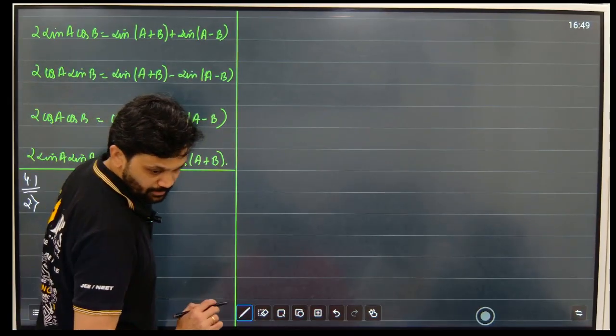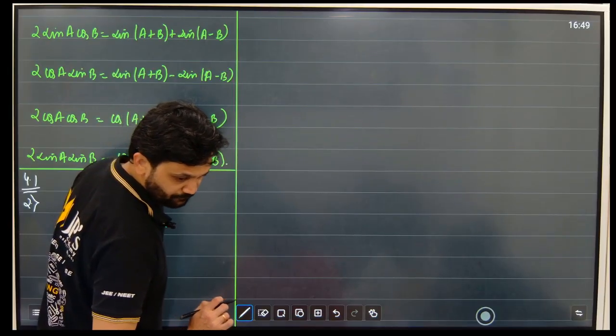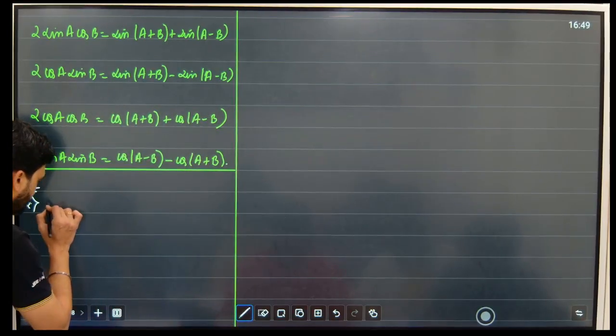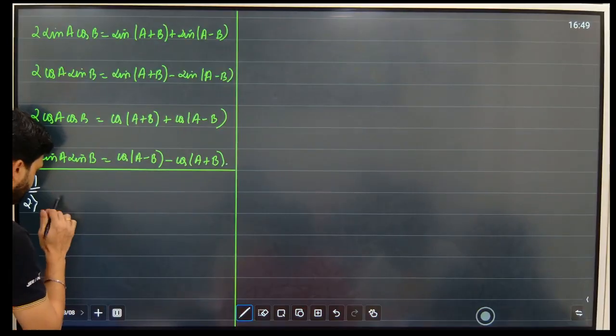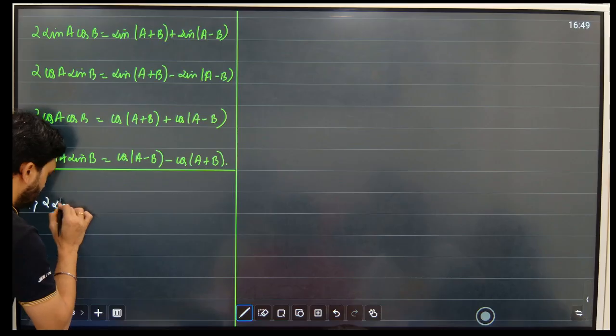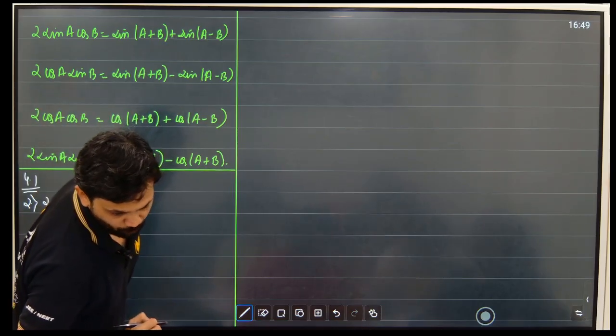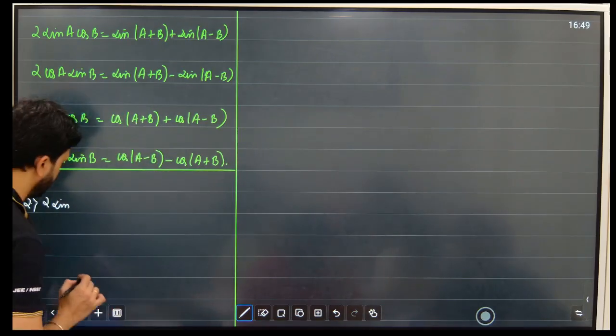Now, the first question is 2 sin 4 theta cos 2 theta.